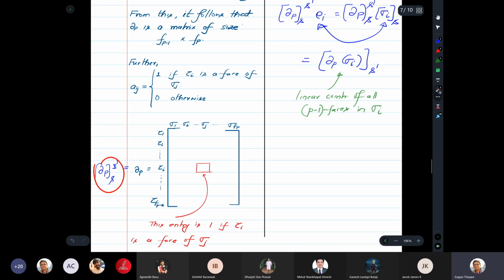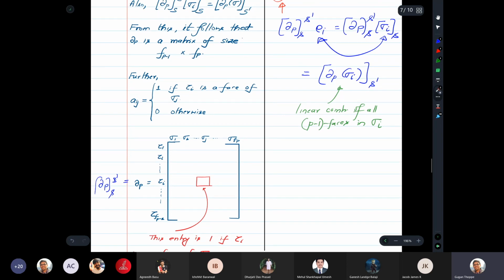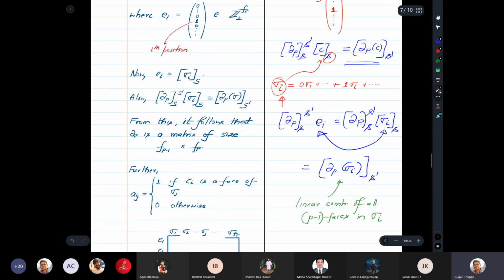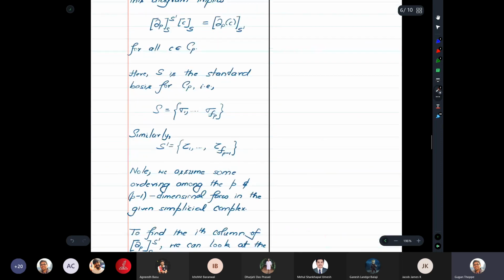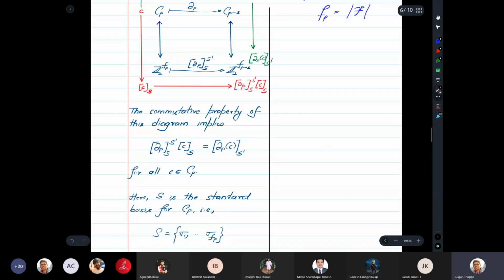So let's try to understand what will be the size of this del P matrix, right? You can figure that out from this commutative diagram. It has to take a vector here and map it to a vector in this space.